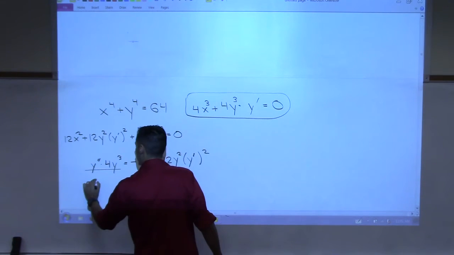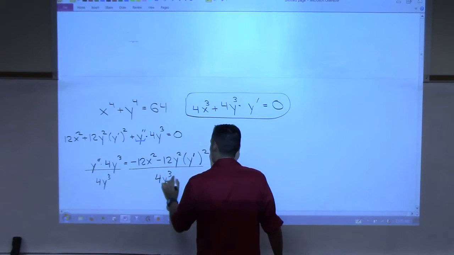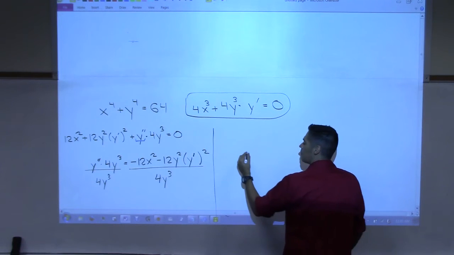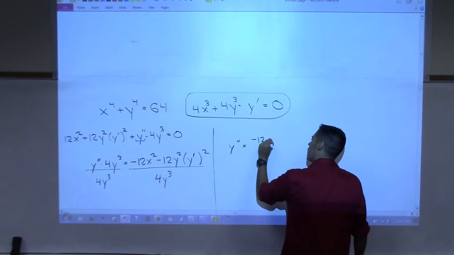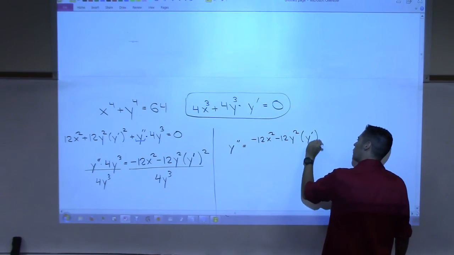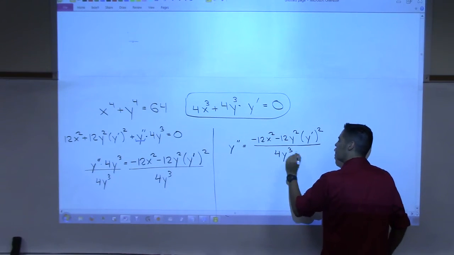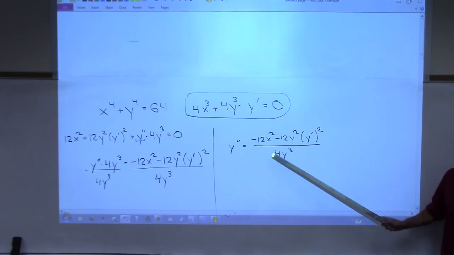So divide this entire side by 4y cubed, and I'm going to be pretty close to a final answer here. I'm going to have y double prime equals negative 12x squared minus 12y squared times y prime squared over 4y cubed. Yeah, you could reduce some stuff out, which I'll do in a second.